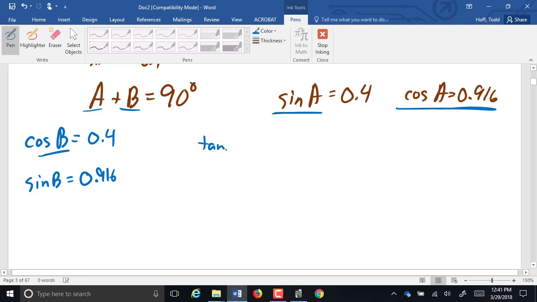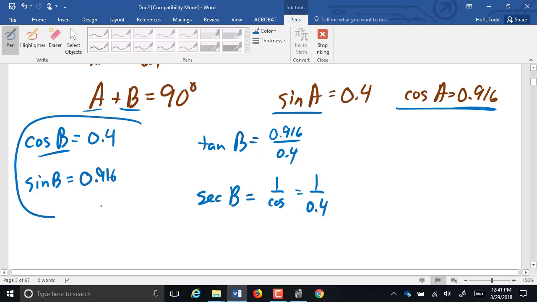How about the tangent of B? Tangent is sine over cosine, remember? Secant of B is 1 over the cosine, so that's the 1 over 0.4.